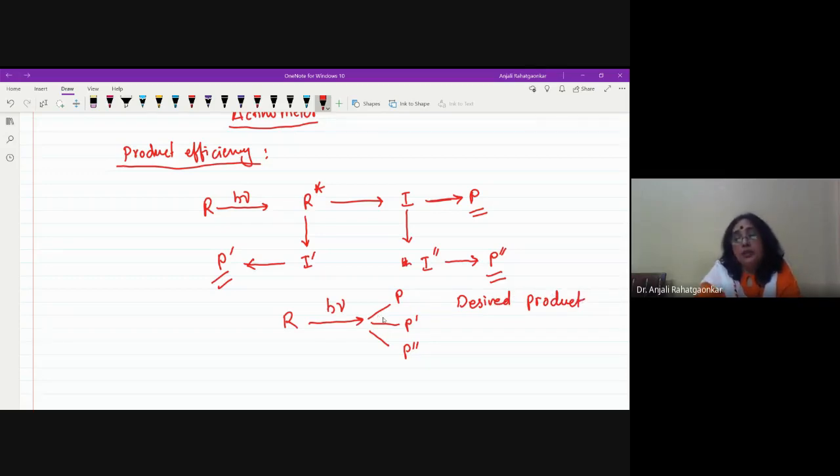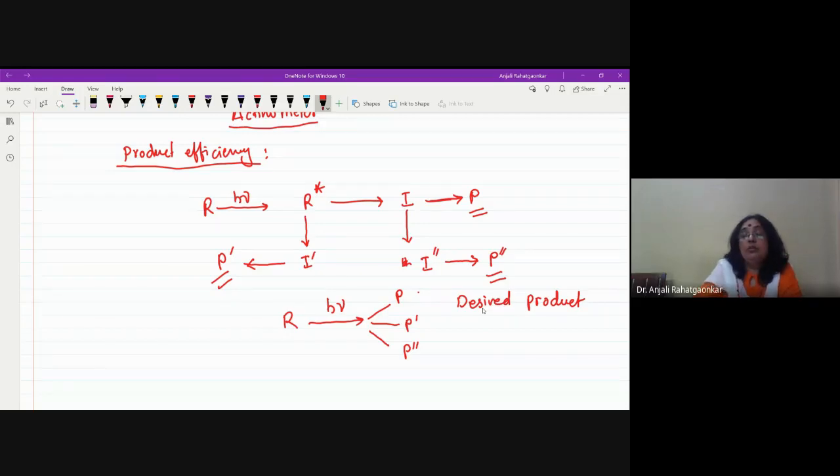So even these possibilities we can see over here. R is converted into P, P dash, or P double dash. But which one is the desired product? That depends on how much percentage, because in all reactions, why we conduct a reaction, we always want a desired product.